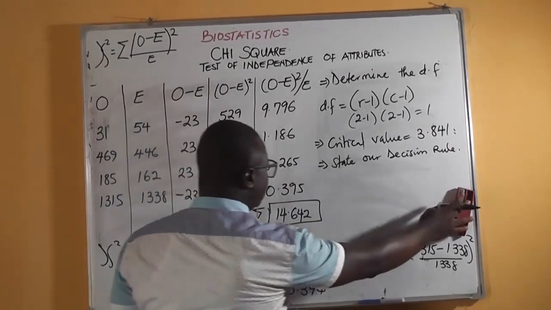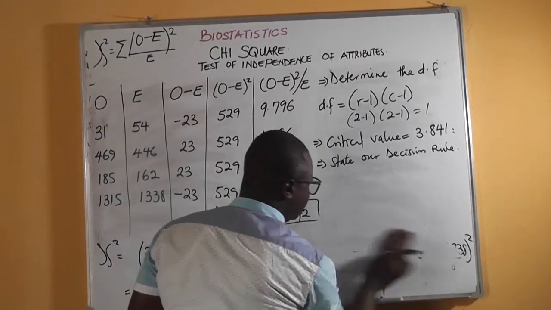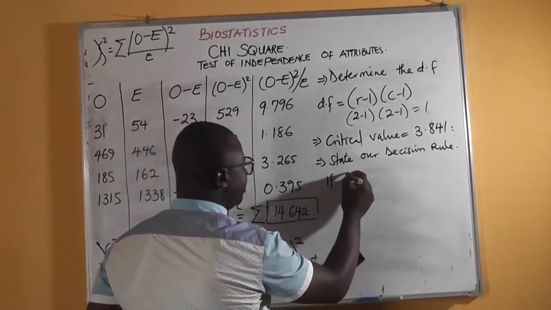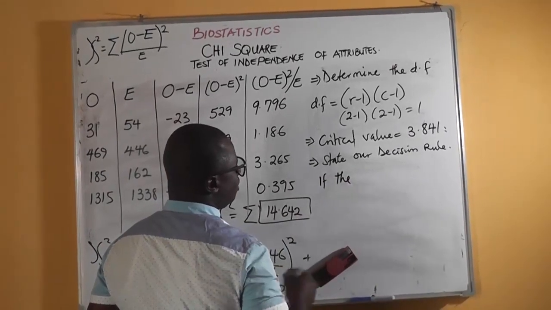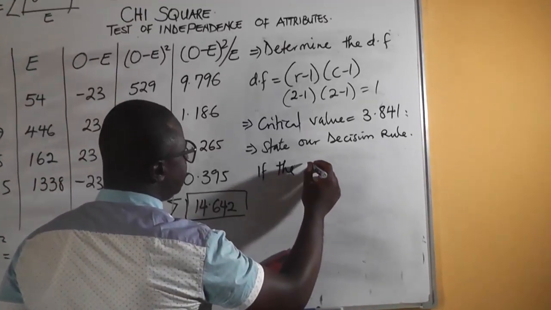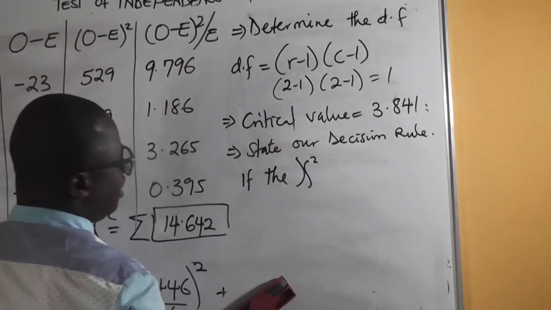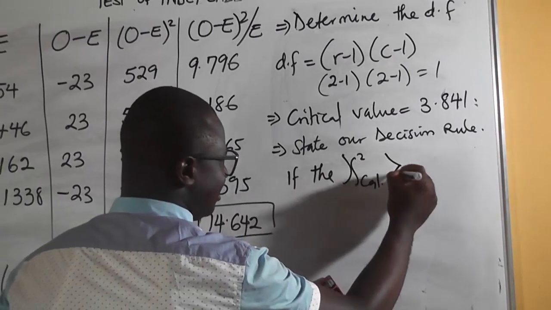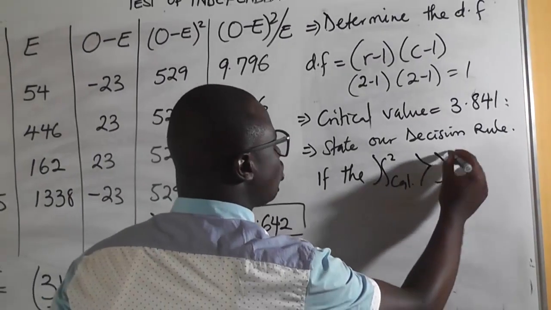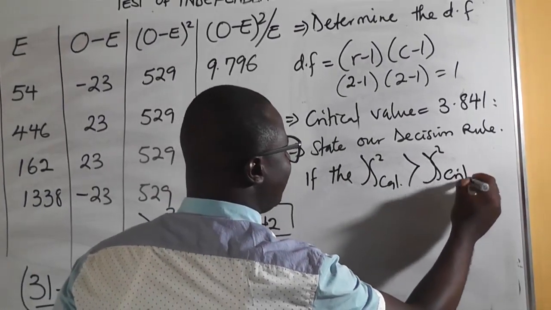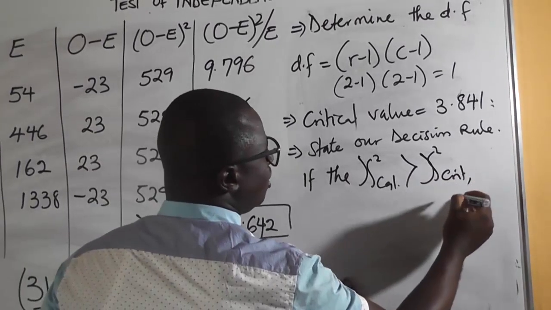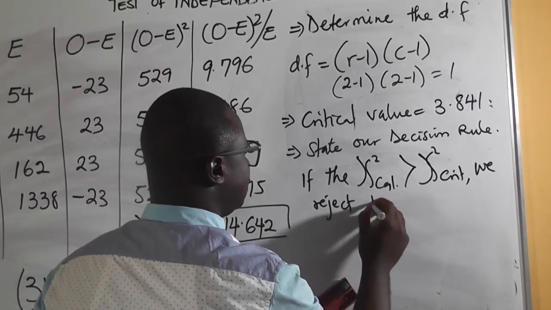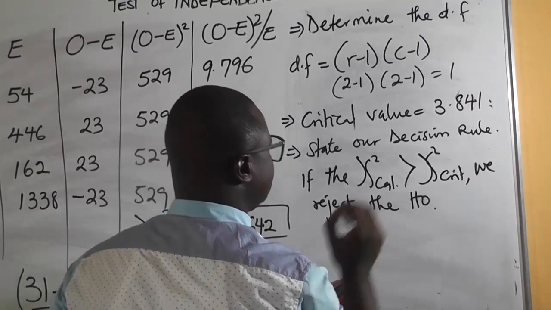Now, listen. Let me clean this side since we are done with this one. Now, if the chi-square calculated value is greater than the chi-square critical value, we reject the null hypothesis.